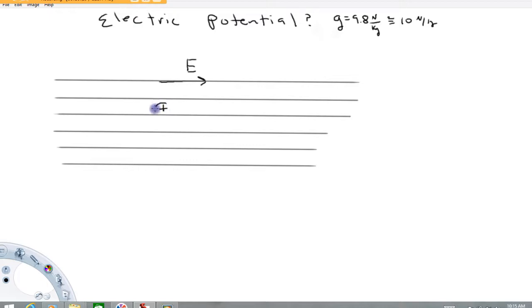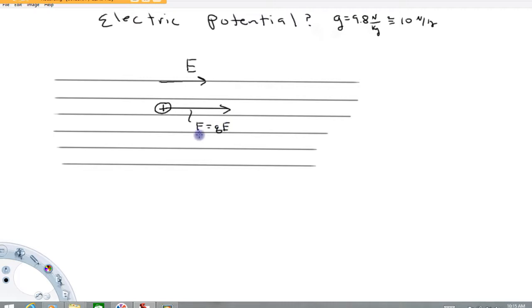If I put a charged particle here with a positive charge, this particle would feel a force, and that force would be to the right. Now, this particle, if allowed to accelerate, is going to accelerate because there's a force equal to the charge, whatever the charge is, times the electric field strength. If we imagine this particle accelerating to the right, this force is doing work, and the kinetic energy of this object would go up.